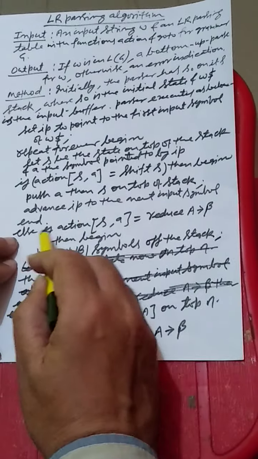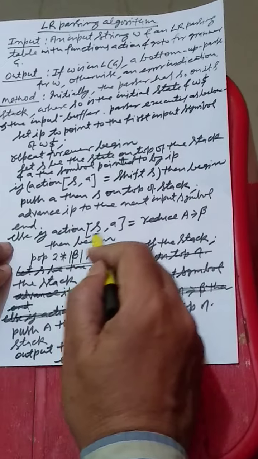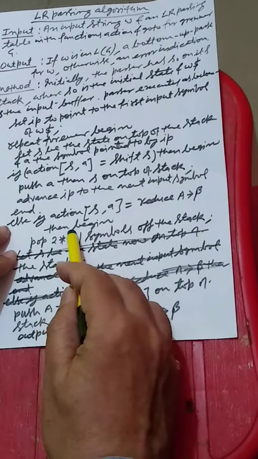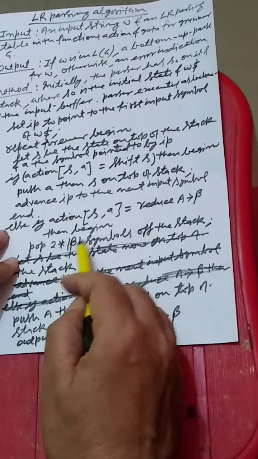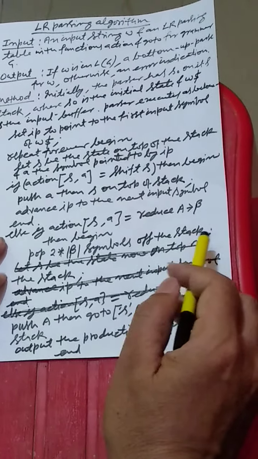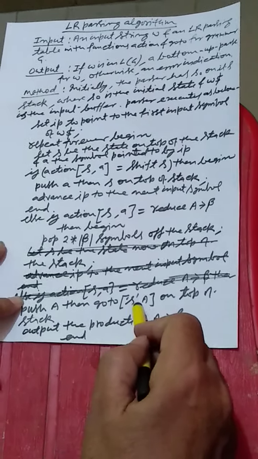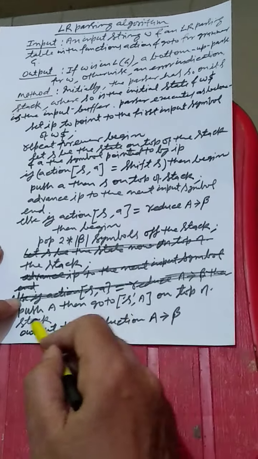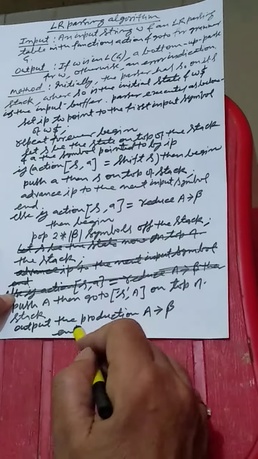Else if action[S, a] is equal to reduce A to beta, then begin pop 2 times the length of beta symbols off the stack. Length of beta means the length of string beta. Push A, then goto[S', A] on top of the stack. Output the production A produces beta, and this is end.